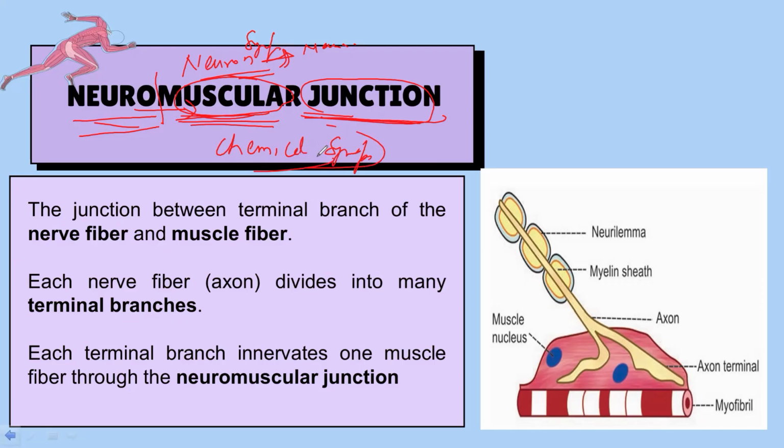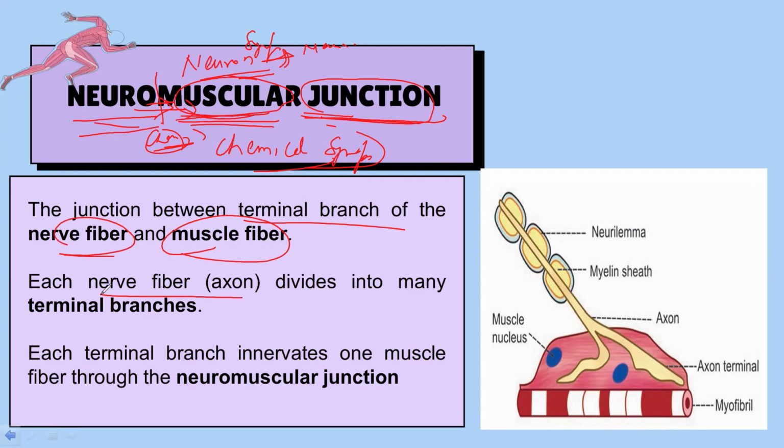It could be called chemical synapse because there is a chemical neurotransmitter which is responsible for coordination between nerves and muscles. So the junction between terminal branches of the nerve fiber and muscle fiber is called neuromuscular junction.